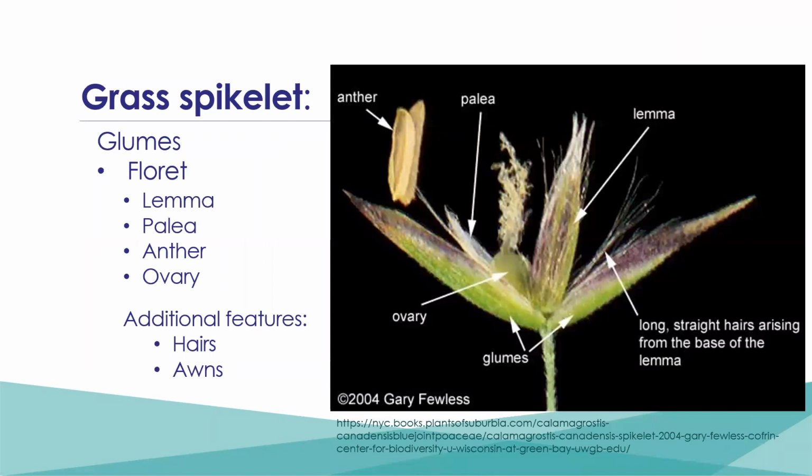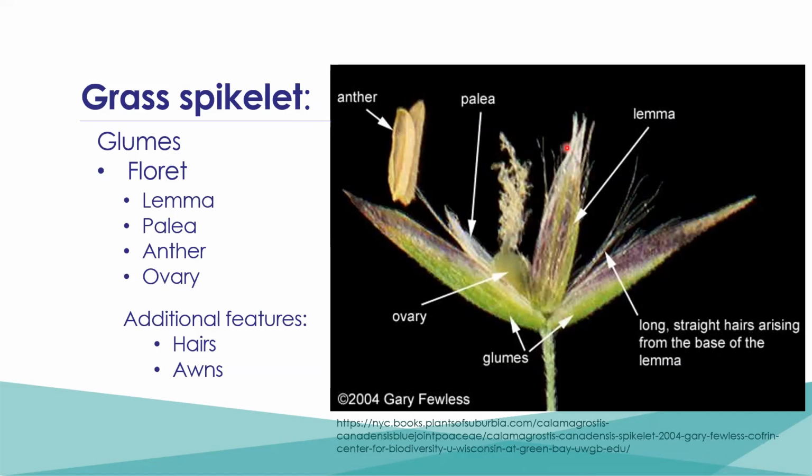In the inflorescence, the basic unit is called a spikelet. A spikelet is composed of 2 glumes. So we've got 2 papery bract structures here. These are glumes, and they're going to be at the base of every spikelet. Inside the spikelet, we're going to have the grass flower, which is called a floret.